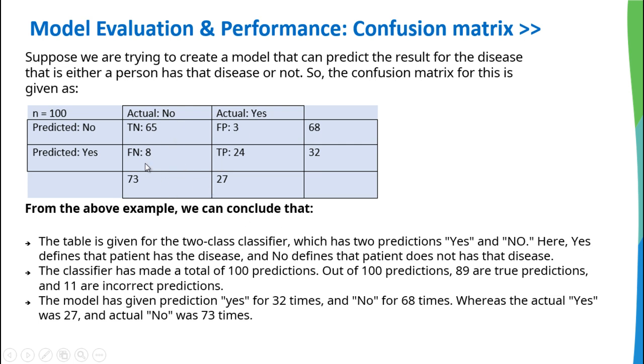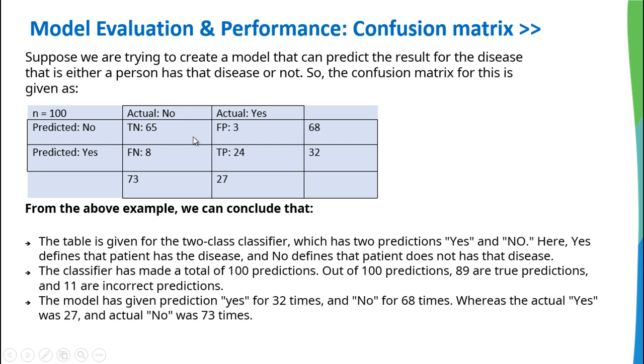So calculating your accuracy is very easy here. Just this plus this, this diagonal, divided by this plus this plus this plus this, so you sum together everything. We have the diagonal true, over the sum of everything.